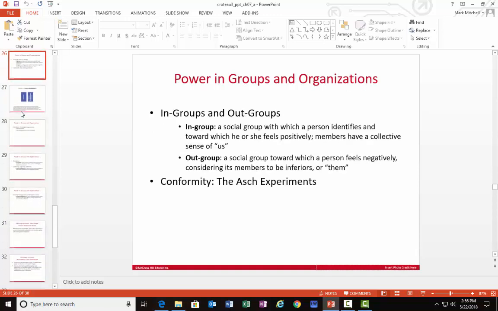We also have in-groups and out-groups. In-groups are usually esteemed. They're seen positively, as our slide indicates, as us versus the out-group, which is seen as them. They're seen negatively. I know I have an article called The Roughnecks and the Saints. The Saints would be the in-group.